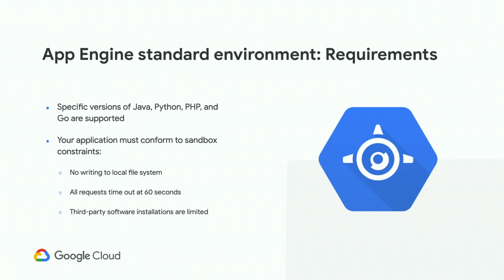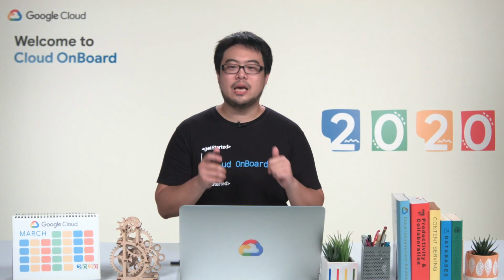So not just App Engine needs to scale, the underlying database has to scale as well. So no writes to the local file system, because anything in the local file system you cannot scale, and cannot even share. And all request timeouts have to be within 60 seconds. And every single third party, no thank you, you cannot use them. But we actually have a lot of support.